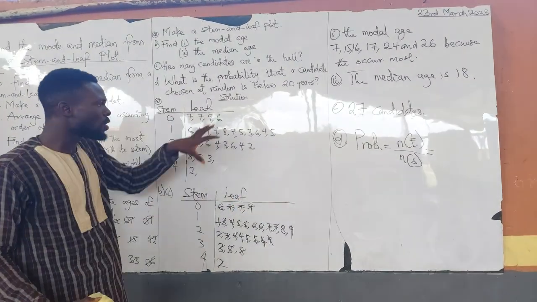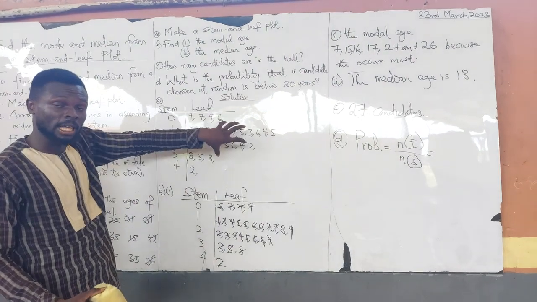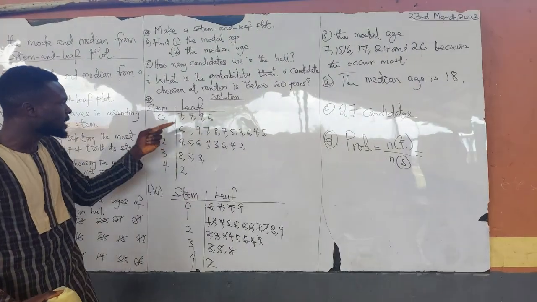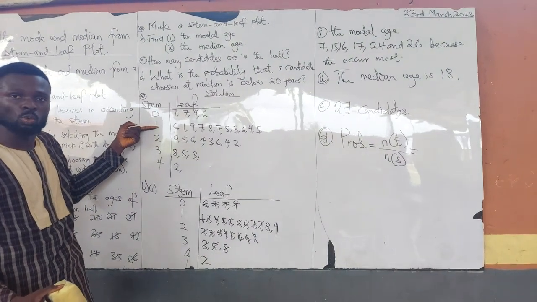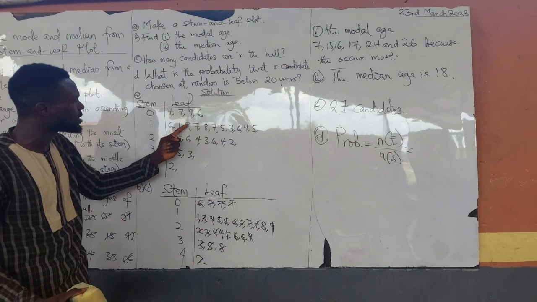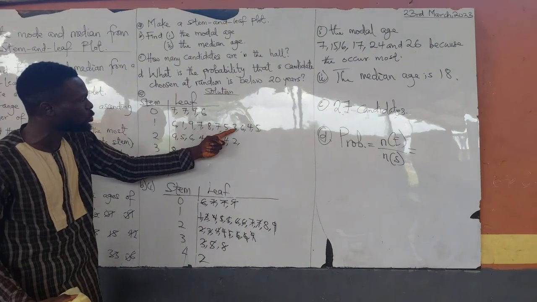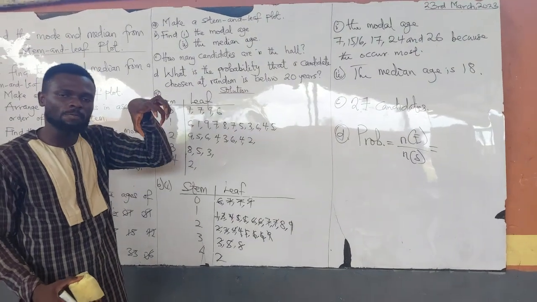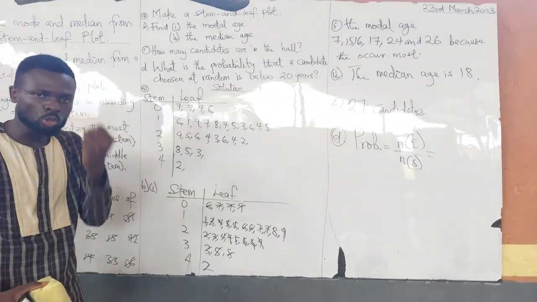So let's count from the stem and leaf plot, or from our leaves. Candidates below 20 years will be from 0 to what? To 1 as a stem. So 1, 2, 3, 4, 5, 6, 7, 8, 9, 10, 11, 12, 13, 14, 15 as the number of people below 20 years.